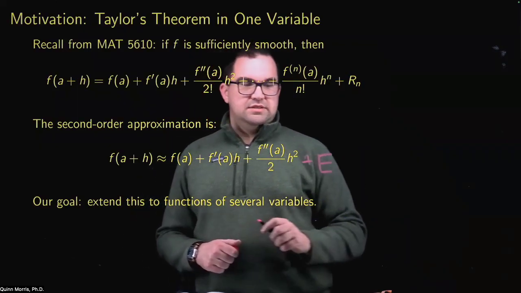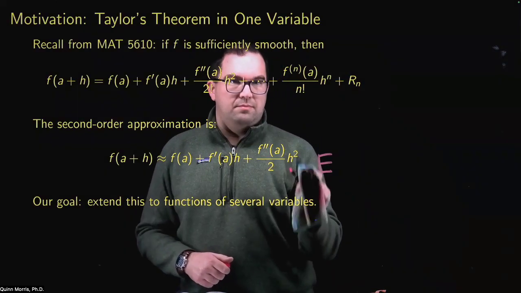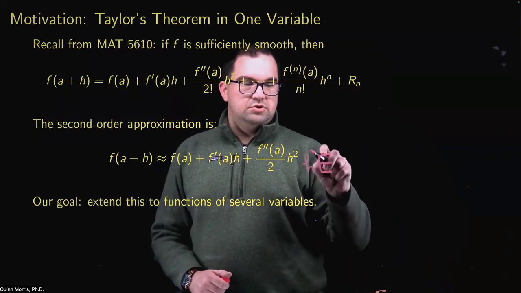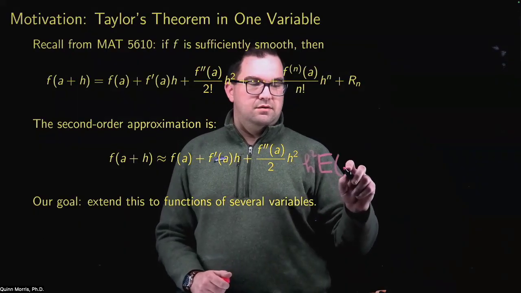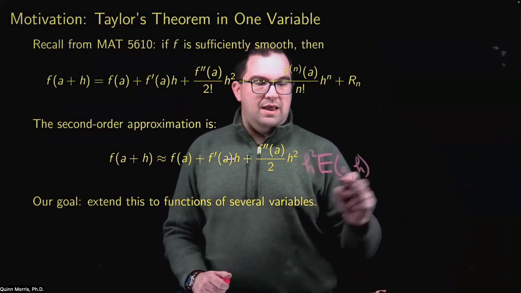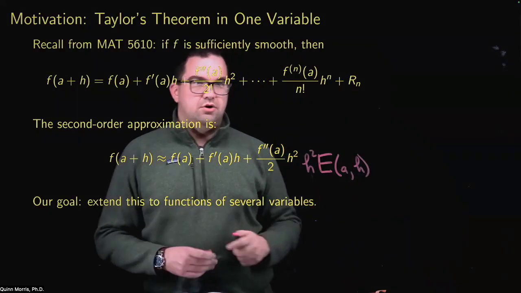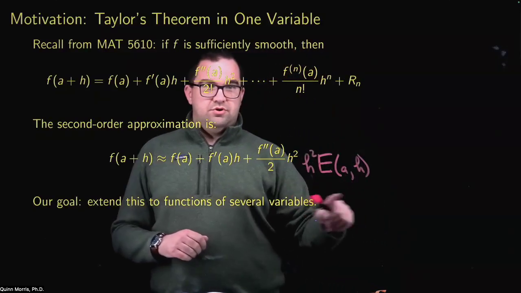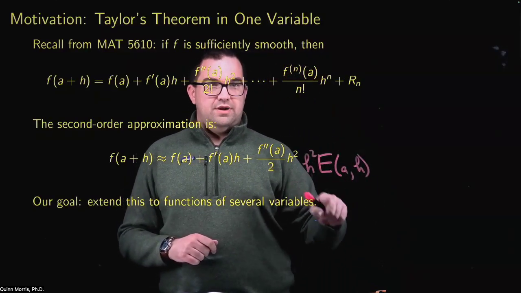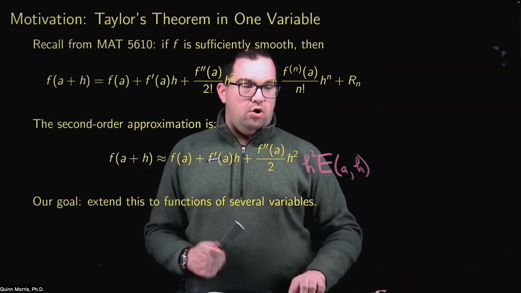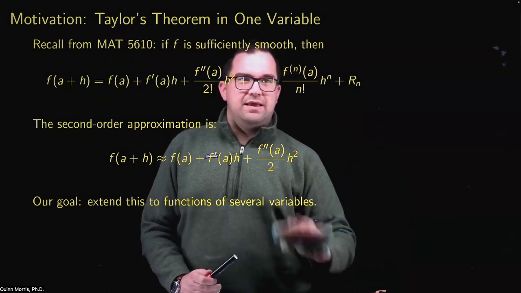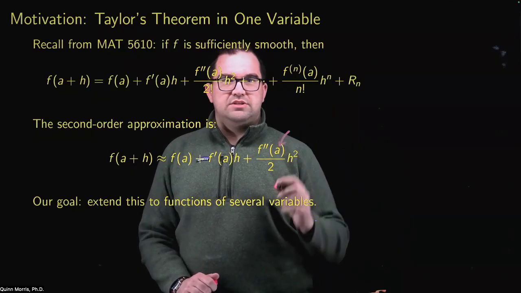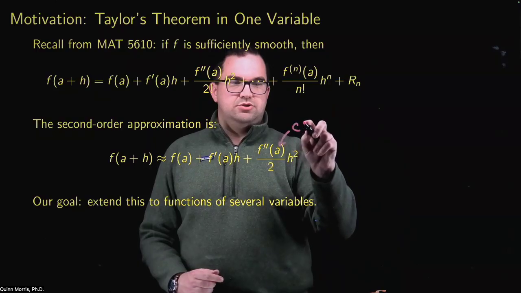I would write this error term as h squared times e of a h, where this e of a h goes to 0 as h goes to 0. So I could just quantify the error in this way. Or alternatively, I could make this exact by simply replacing this a with some point between a and a plus h.